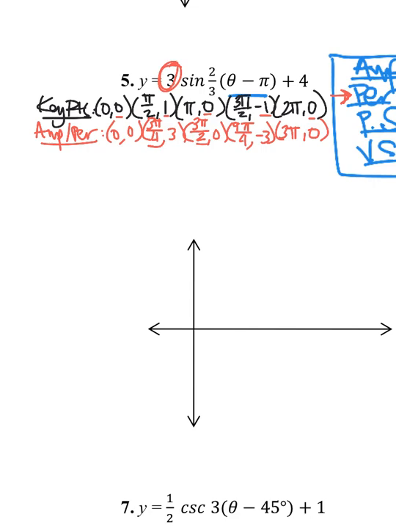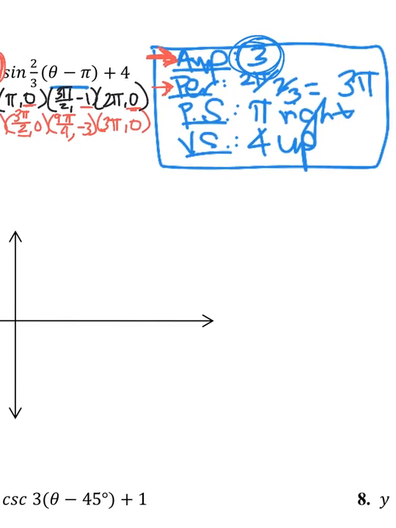So just remember this amplitude right here is always positive, but when you multiply the y-coordinates for your key points, multiply with the negative if the negative is there. All right, let's go ahead and go on to the phase shift and vertical shift.